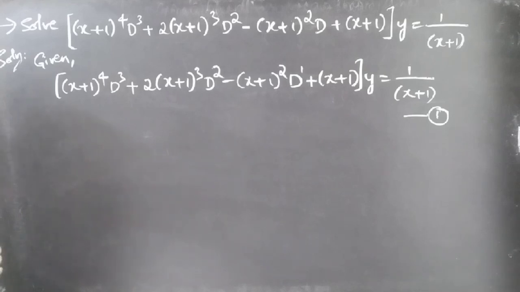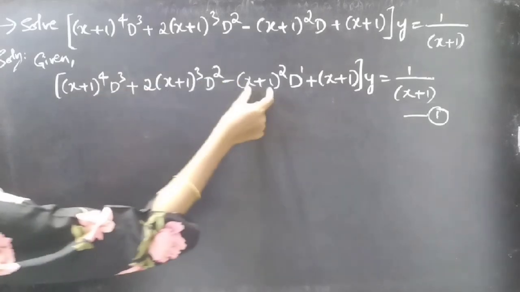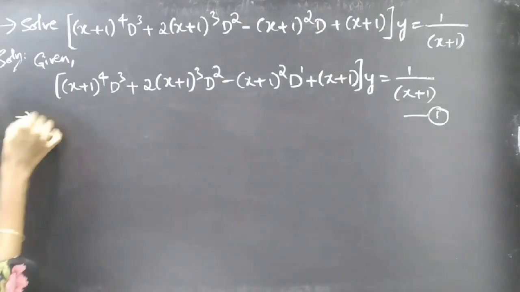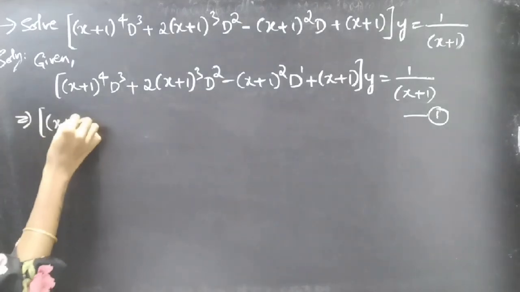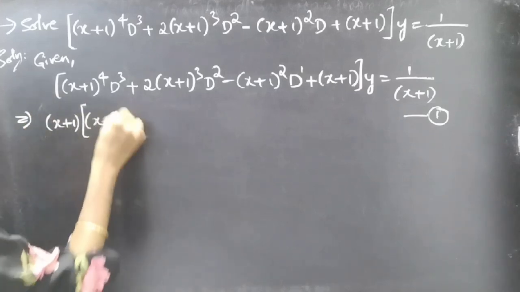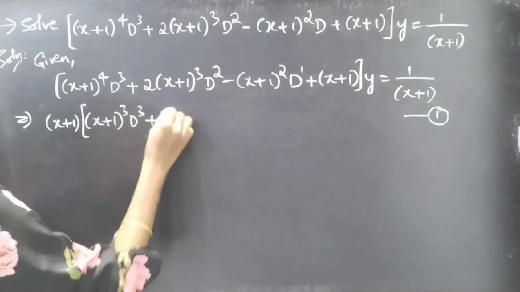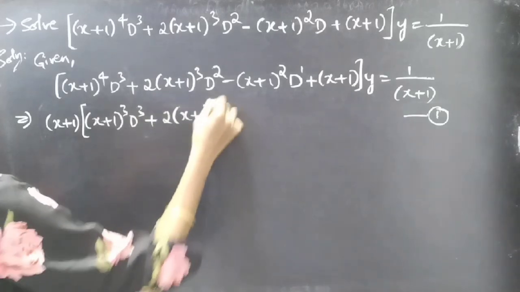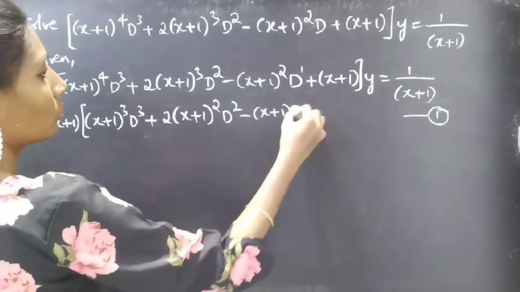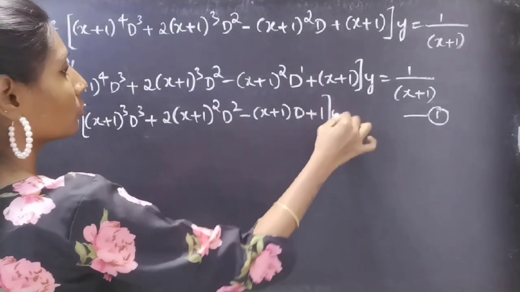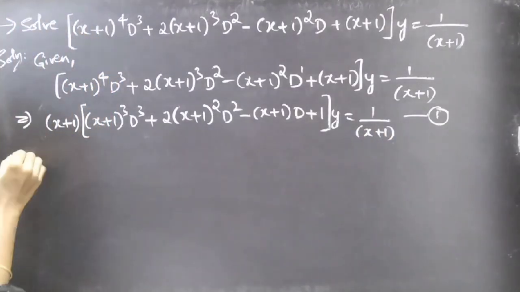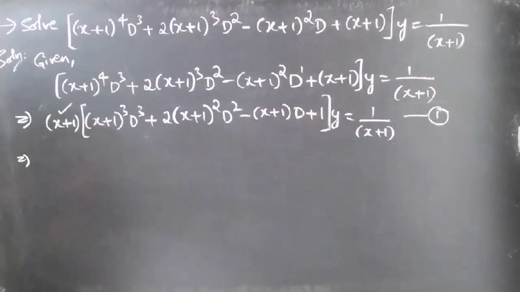So what we'll do is take one (x+1) common from all these four terms. Then you'll get (x+1)[(x+1)^3 D^3 + 2(x+1)^2 D^2 - (x+1) D + 1] y = 1/(x+1). Now let's take this (x+1) to the RHS.